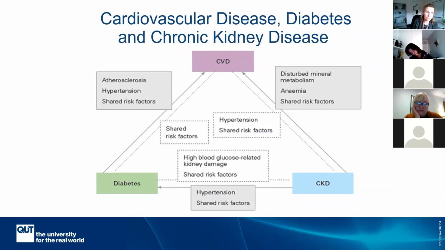the sort of complex interplay where the risk factors contribute to the presentation of those 3 diseases together, but then also the diseases contribute to each other. So something like hypertension, which is associated with cardiovascular disease, can then perhaps impact people developing chronic kidney disease.